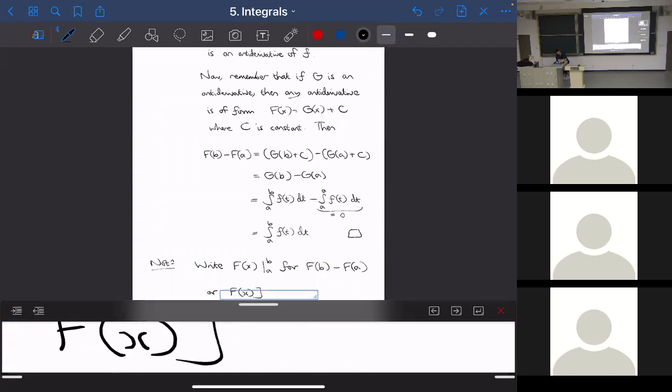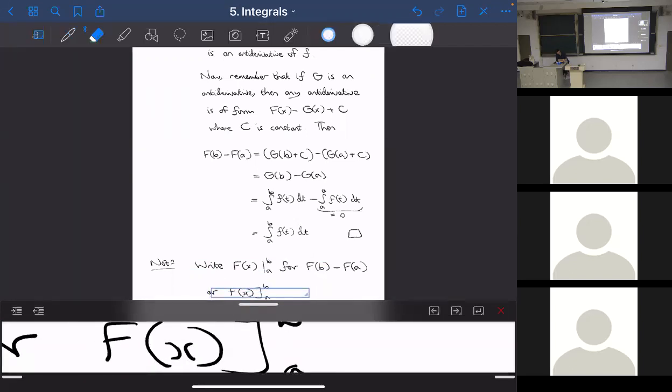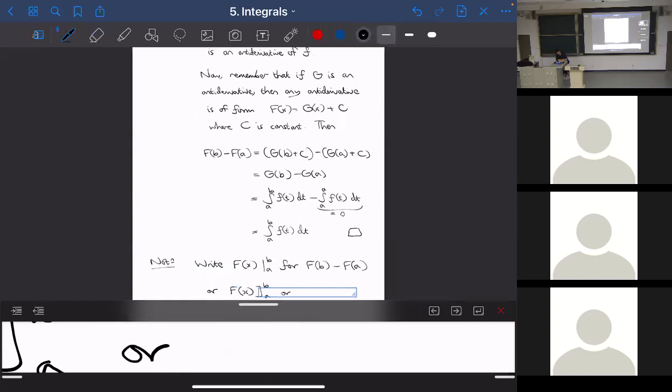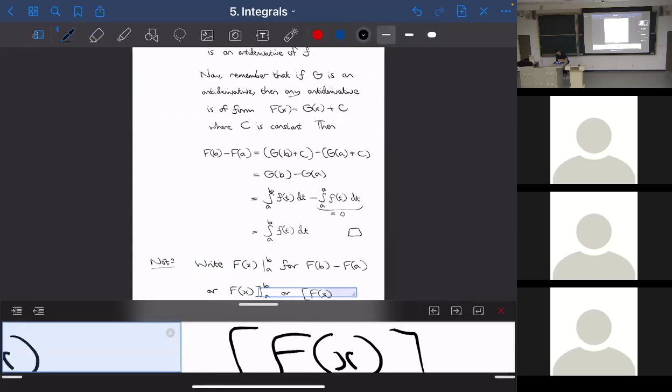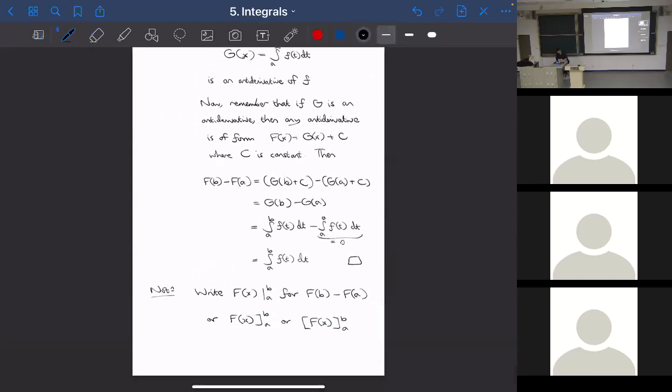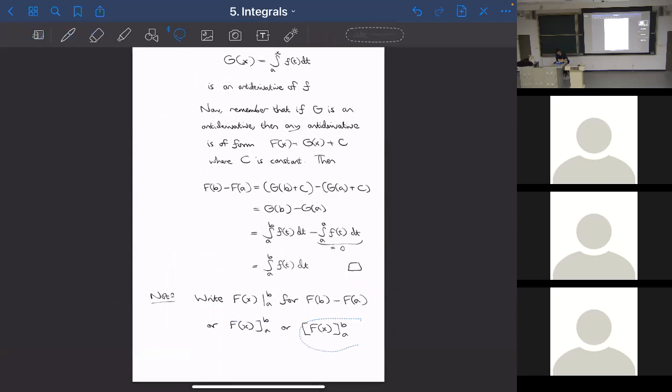So also in the book, you'll see this square bracket, or square brackets on both sides, like that. So all these notations you'll see. So let's do some examples.